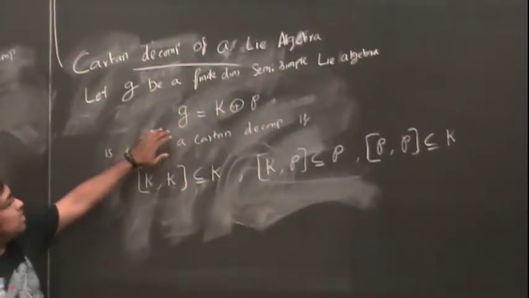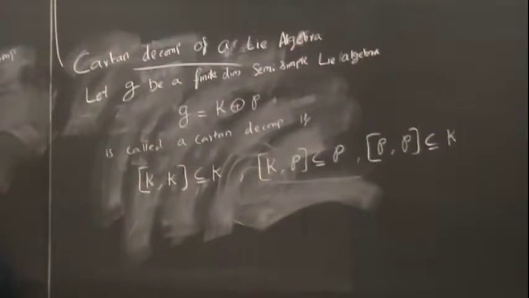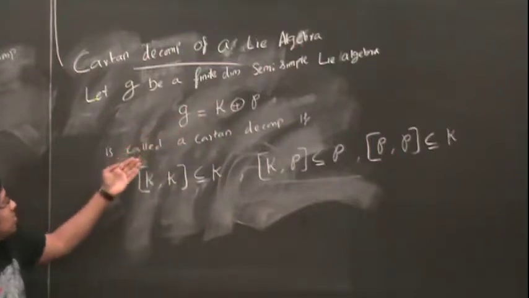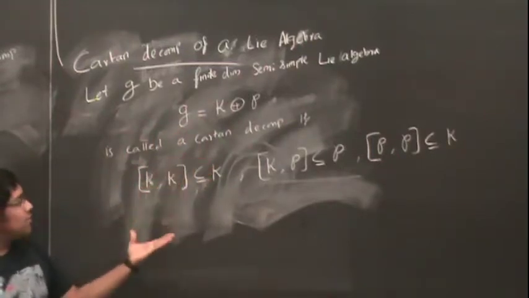Then you can decompose the vector space in any way you want, but let this be one such decomposition. Then this is called a Cartan decomposition if this condition holds.